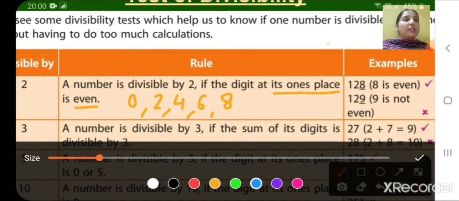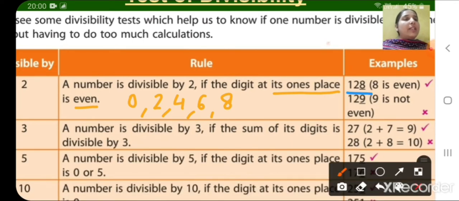For example, you just see here the number 128. If you see the digit at the ones place, you can see it is 8, which is an even number. So, it will be divisible by 2. Okay. So, 128 will be divisible by 2 because the digit at the ones place is an even number, that is 8.